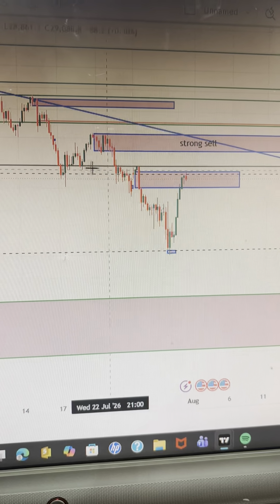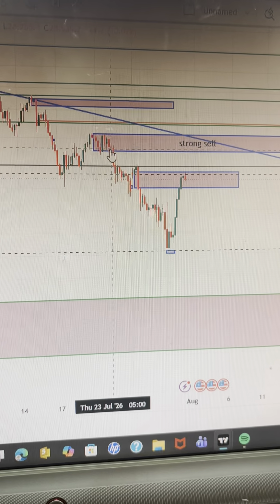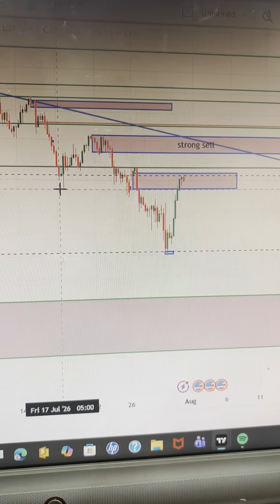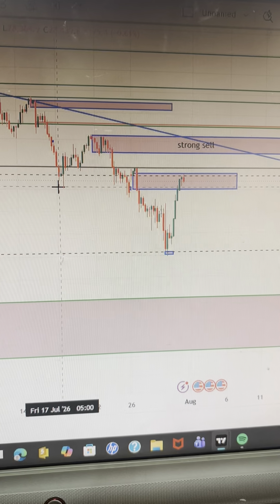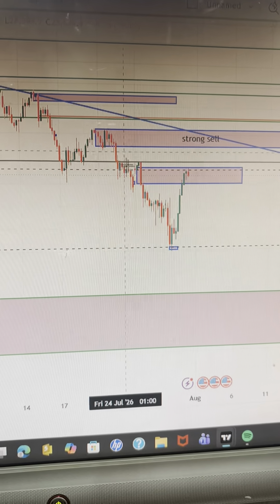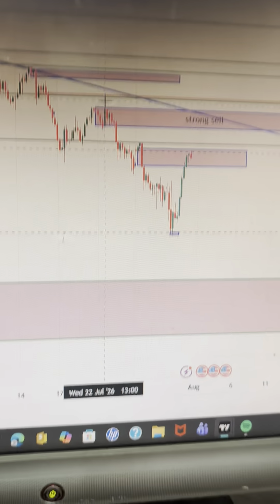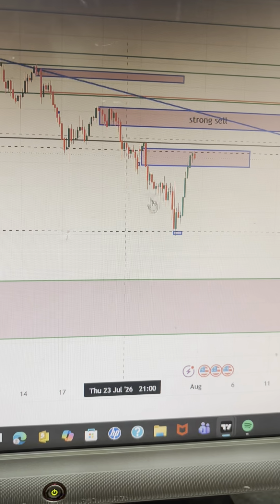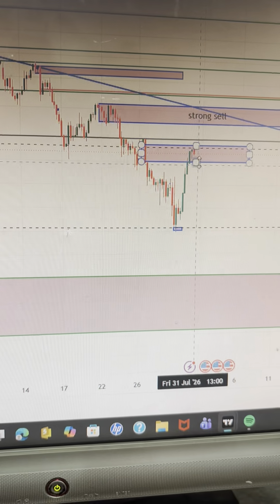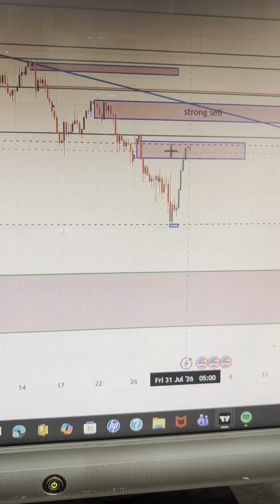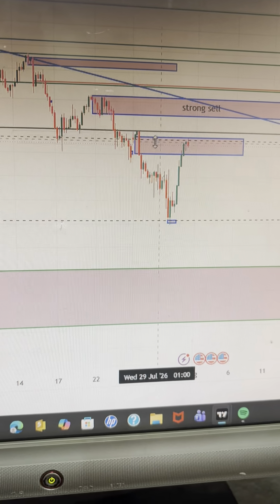But the high that created this break here, it's this one. So at this moment, if you measure from this high and this low, we are at the premium price, and it's a very interesting one to move.